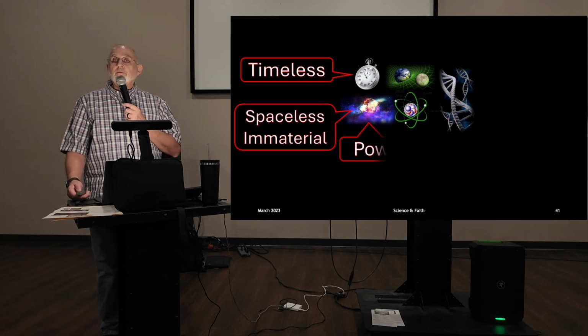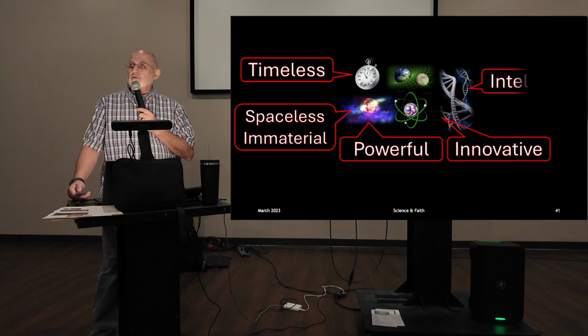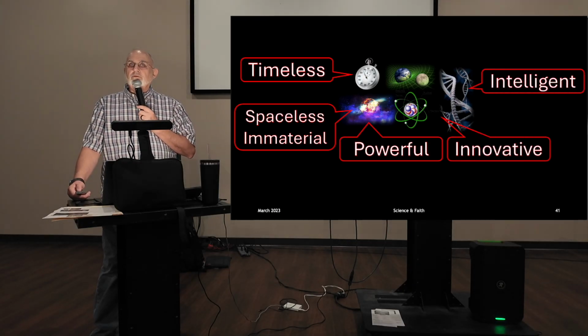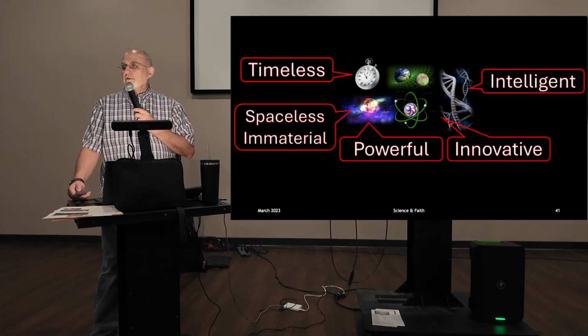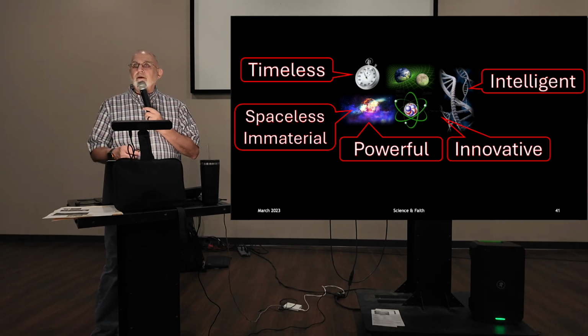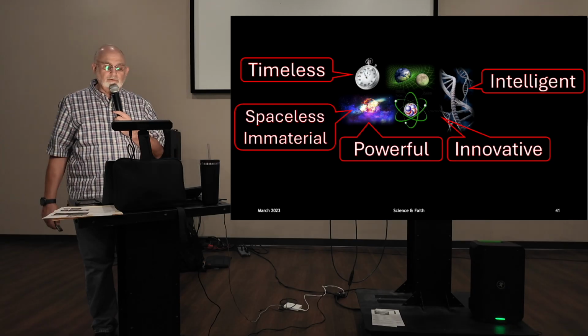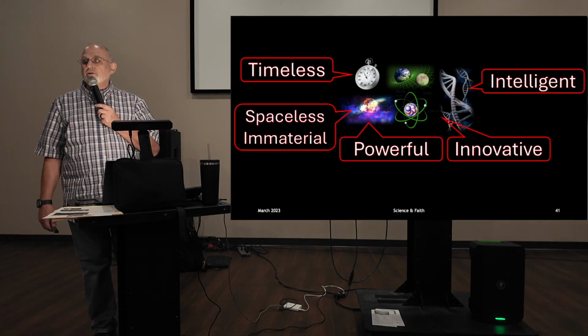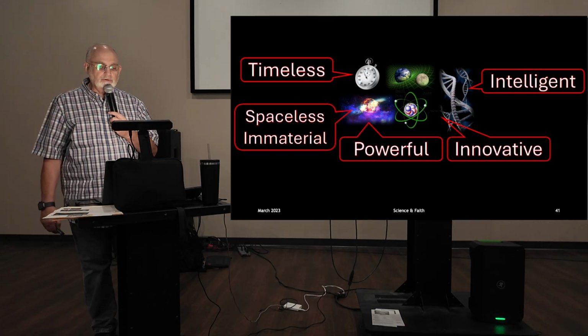He also has to be incredibly powerful. Look at the power that's in the nuclear devices, the nuclear reactors that we've been able to work. Think about the power that it takes to make atoms have that much power. So the entity had to be incredibly powerful, innovative, and intelligent to come up with all of those incredible designs.